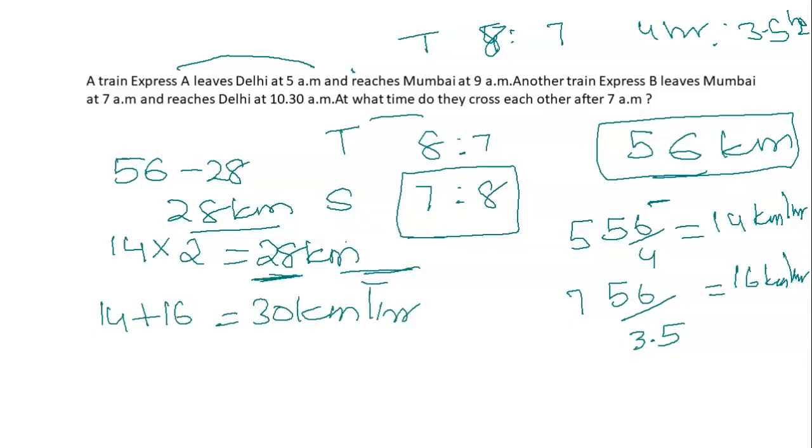28 kilometers only. So which means 30 kilometers for 60 minutes it can go, but our distance pending is 28 kilometers. How long will it take? For 30 kilometers it takes 60 minutes.